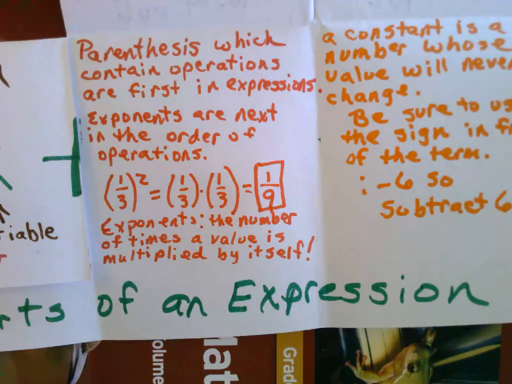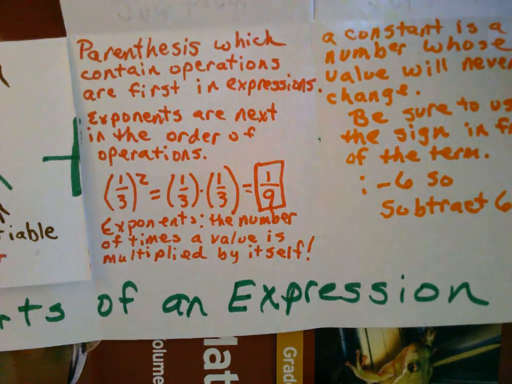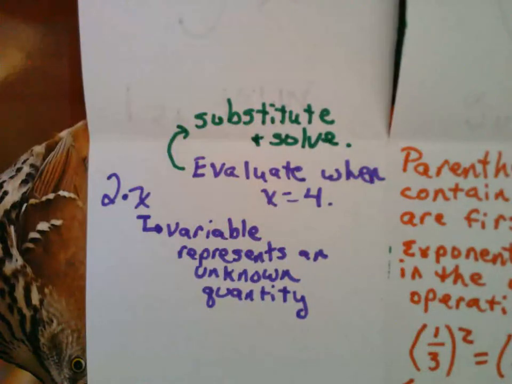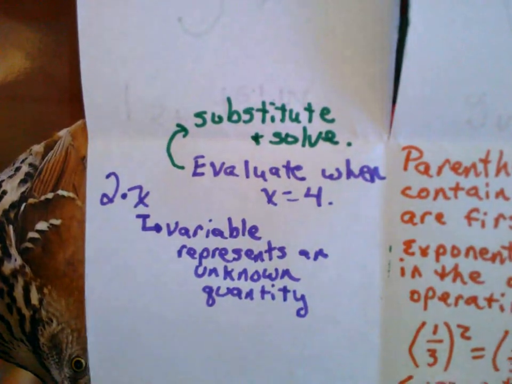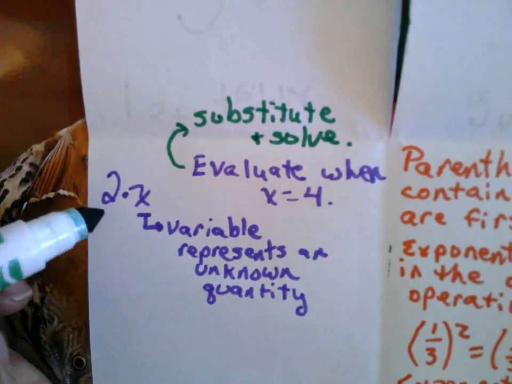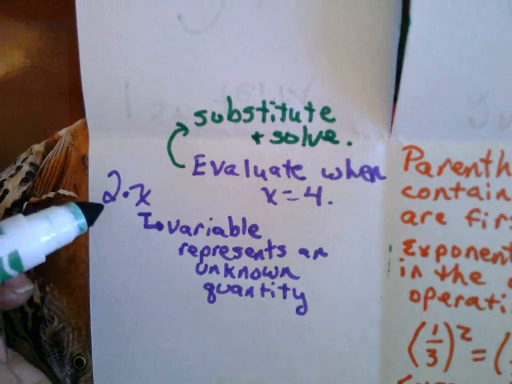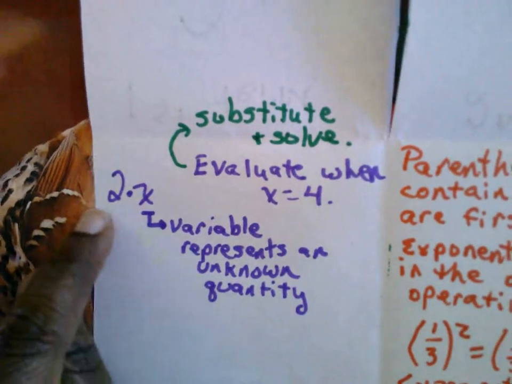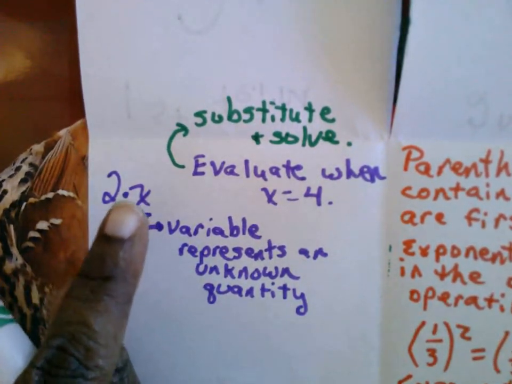We will work on operations with exponents because exponents mean multiplying the number by itself. 1 times 1 is 1. 3 times 3 is 9. Yes, you're multiplying it by itself.